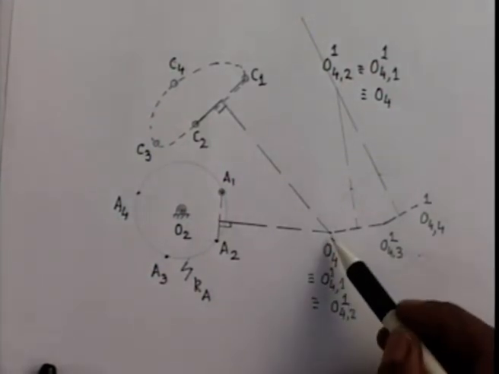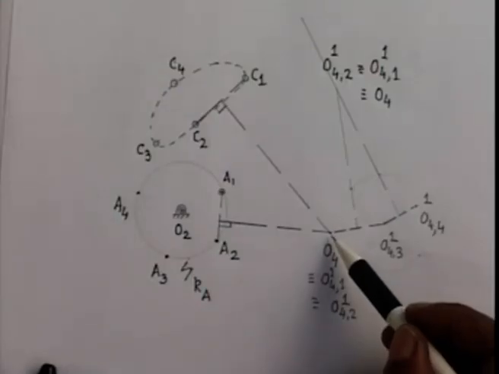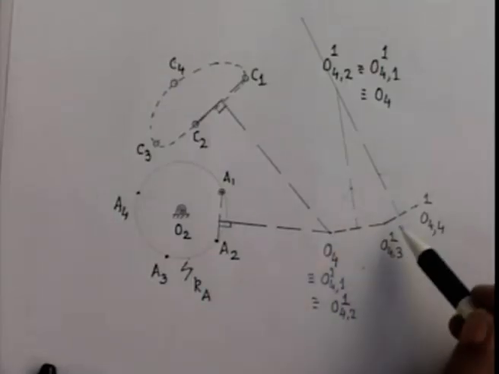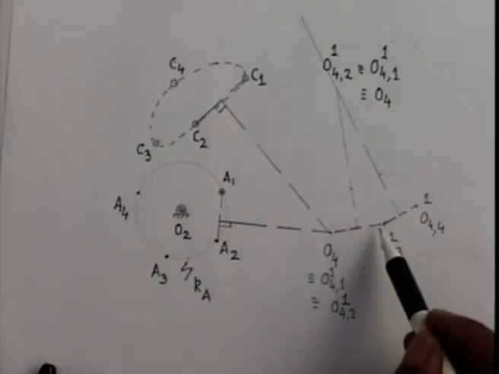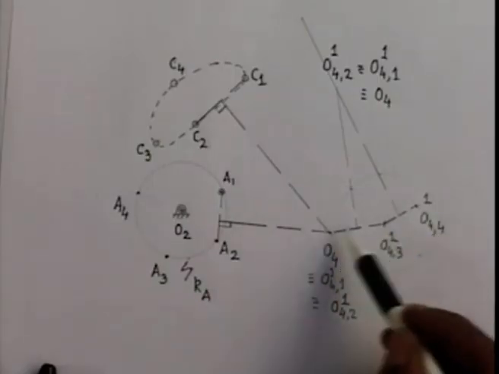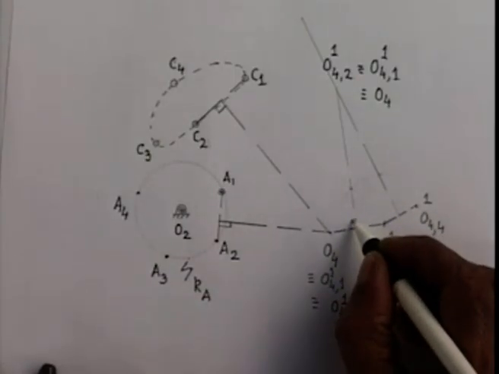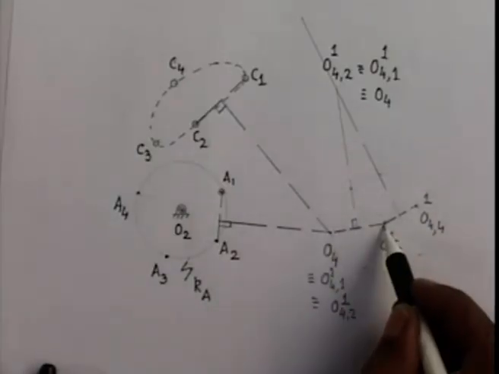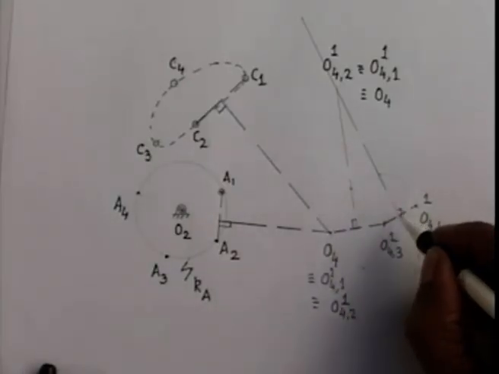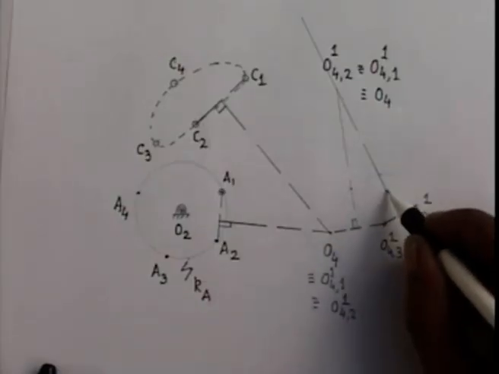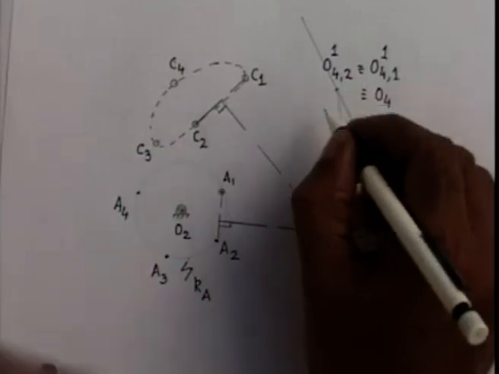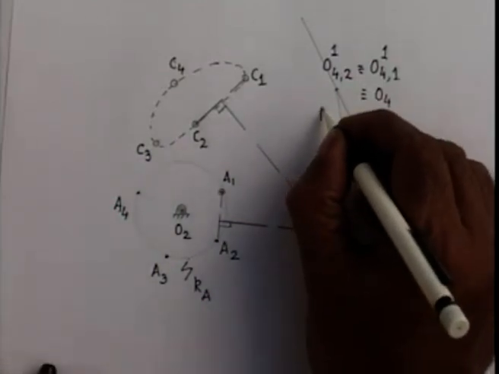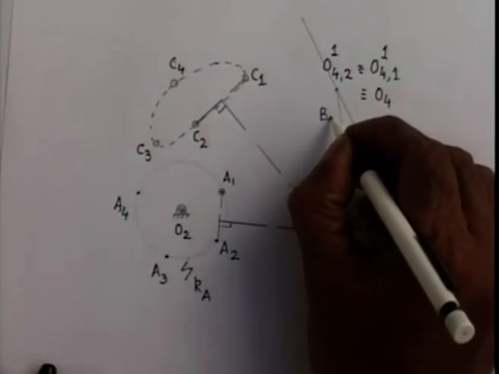So 3 distinct locations for the 4 inverted positions of O4 here, then O4,3,1 is here, and O4,4,1 is here. So the center of the circle passing through these 3 distinct locations I can find out by drawing the perpendicular bisector of this line and perpendicular bisector of this line. These 2 perpendicular bisectors intersect here, which gives me the location of the other coupler hinge B1.